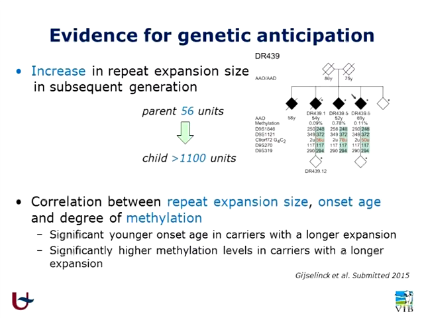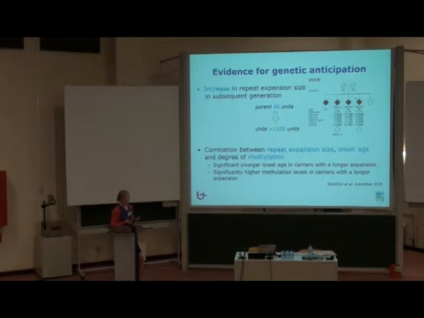Furthermore, we have also observed a correlation between repeat expansion size, onset age, and degree of methylation. Methylation is a regulatory mechanism where, if you have methylation, there is silencing of the gene. And so we saw a significantly younger onset age in carriers with a long expansion.